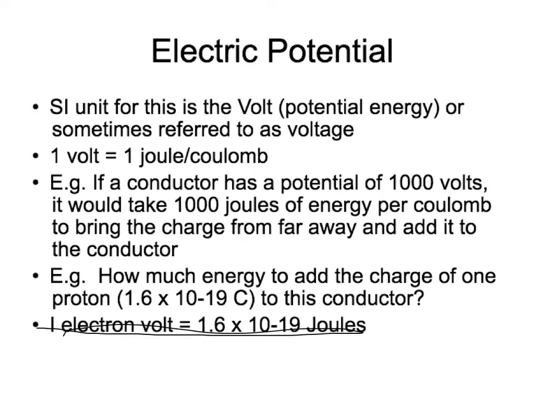If a conductor has a potential of 1,000 volts, what they're saying is it would take 1,000 joules of energy per coulomb of charge to bring the charge from far away and add it to the conductor. So how much energy to add the charge of one proton to this conductor?